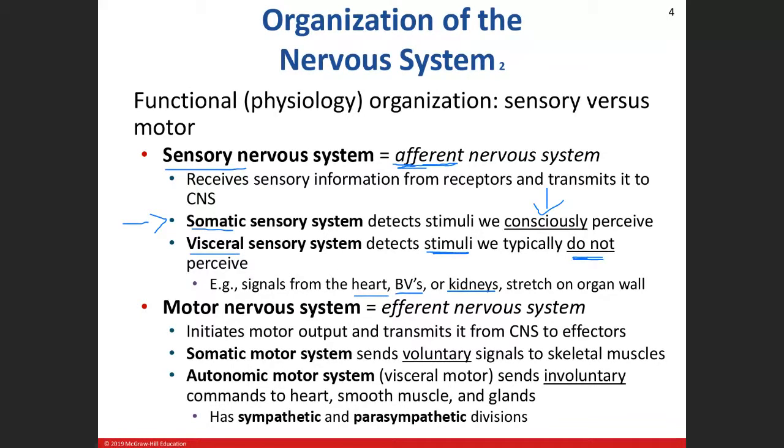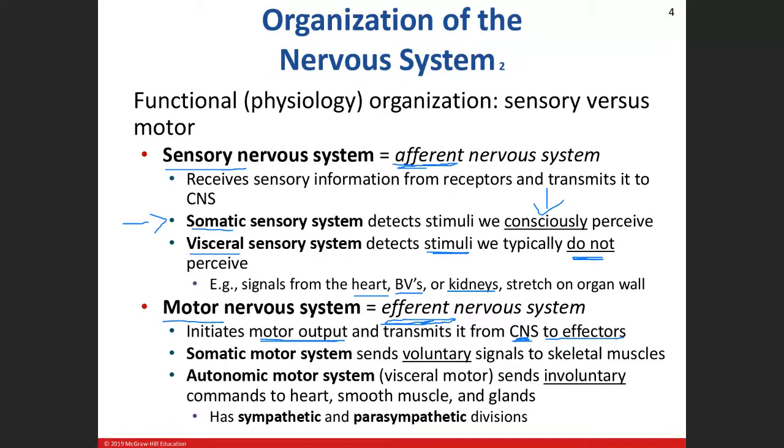The other division of the functional organization for your nervous system is going to be motor. We also refer to it as the efferent. You're going to get some sort of effect from that. So this division is the output, specifically the motor output from the central nervous system to the effector organs, muscles and glands.